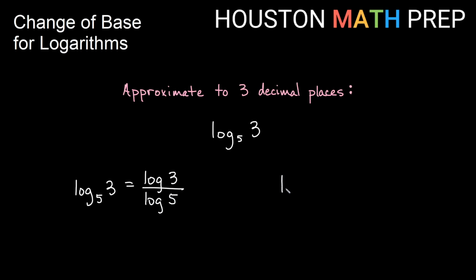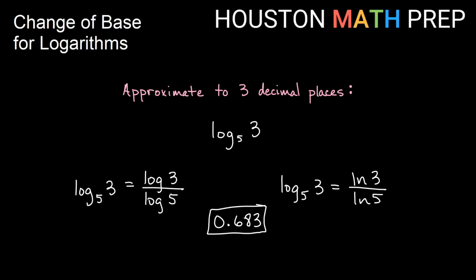If I were changing this into natural log, then log base 5 of 3 would be the natural log of 3 over the natural log of 5. If you type either of these in your calculator, log of 3 over log of 5 or ln of 3 over ln of 5, you'll get a 3 decimal approximation if you round correctly. That is about 0.683.